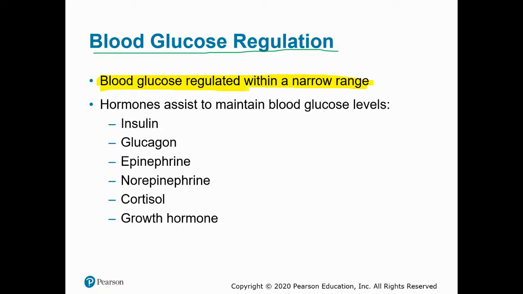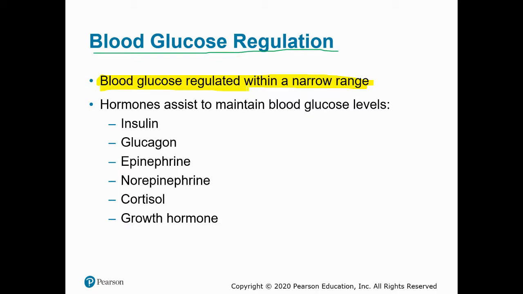Just as importantly as your heart beating and your lungs breathing, your diaphragm expanding and contracting so you can breathe, the amount of glucose that's in our blood is arguably just as important.